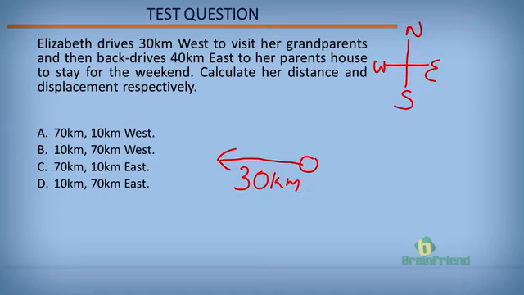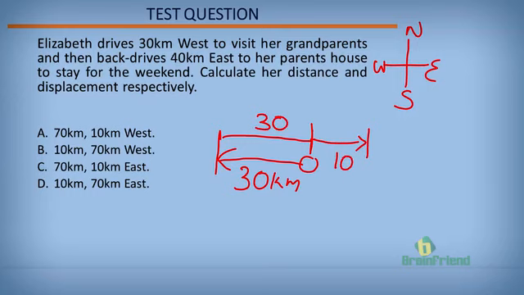So this is her present position. And then she decides to go back 40 kilometers to her parents' place. So she covers the 30-kilometer mark, and then adds some more 10 kilometers to her parents' place. So this is 30 and this is 10.